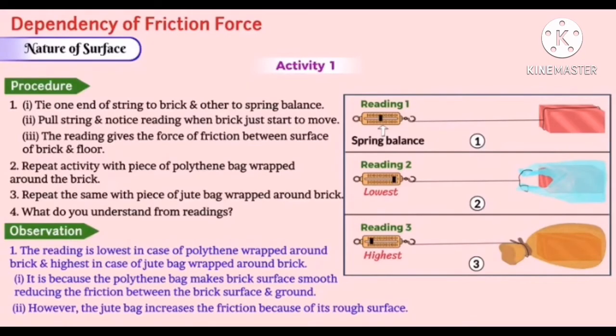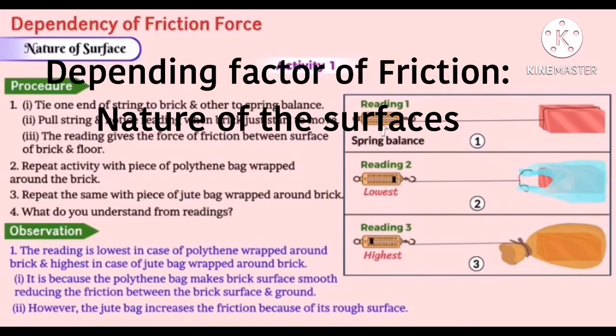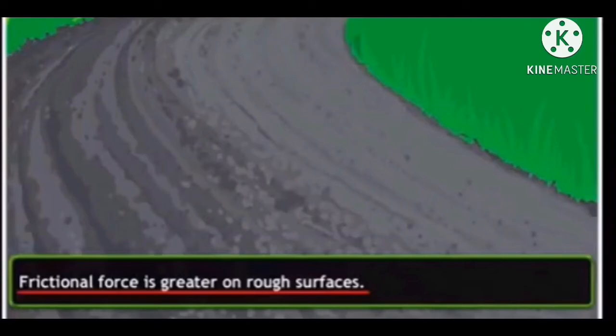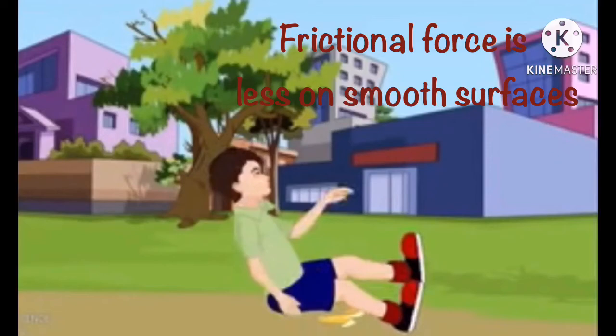So, force of friction depends on the nature of the surfaces in contact. That is, frictional force is greater on rough surfaces and frictional force is less on smooth surfaces.